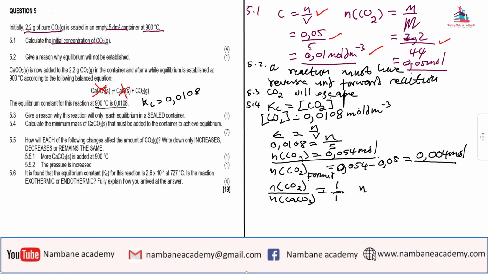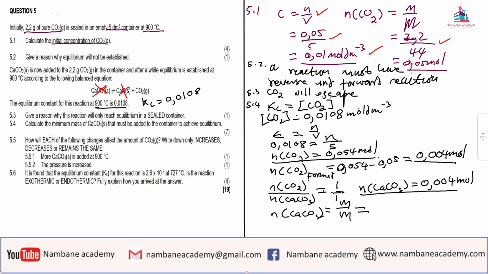So it says now n of calcium carbonate is actually 0.004 mole. But now that I have the number of moles and the question asked about the mass, it's easy, ladies and gentlemen, to say n of calcium carbonate is equal to m over M, which will be the mass that we are looking for.